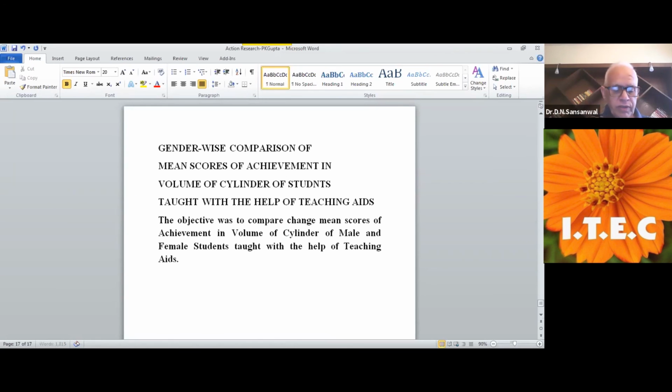Okay, so the data were analyzed with the help of t-test, and the results are given in table 2. Suppose this is my table 2. Here I'm inserting the table now.